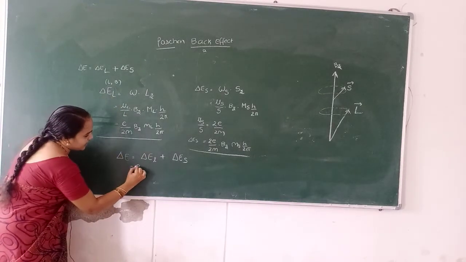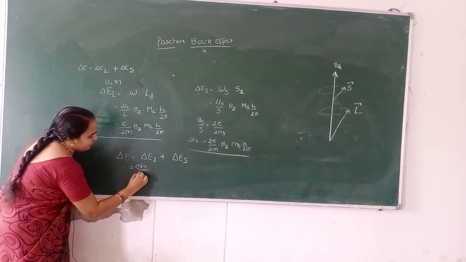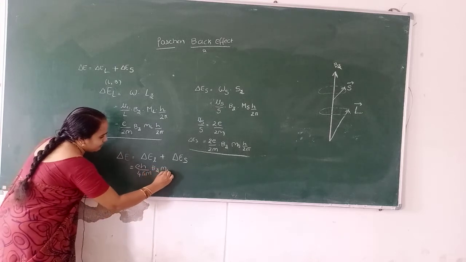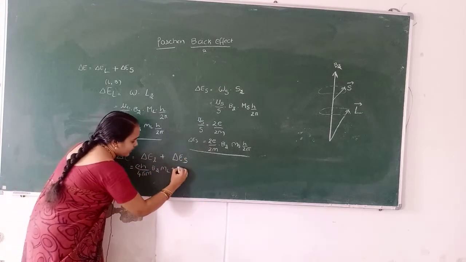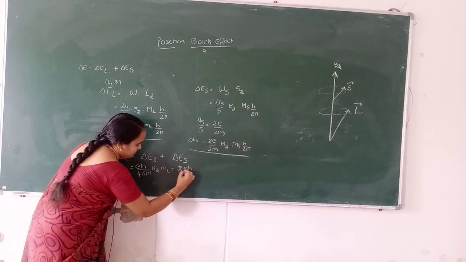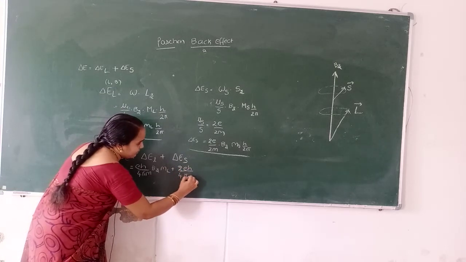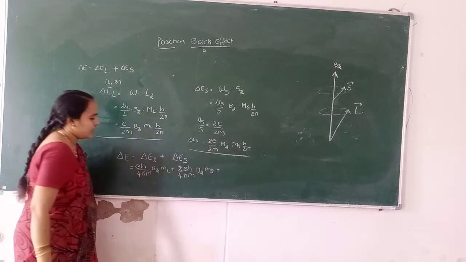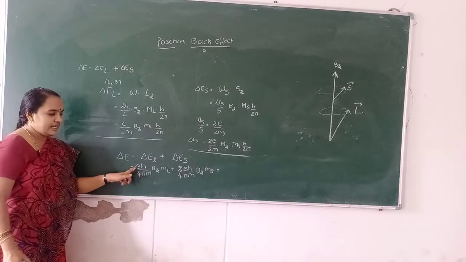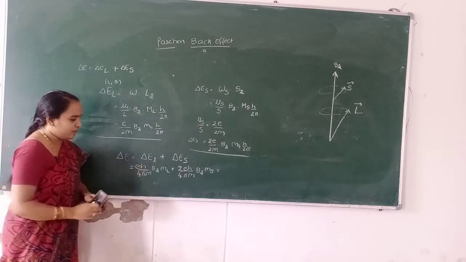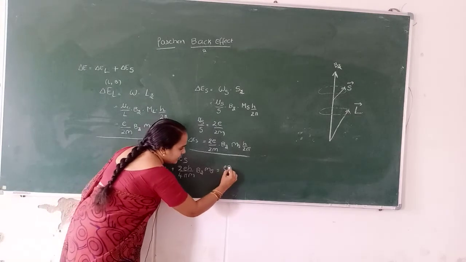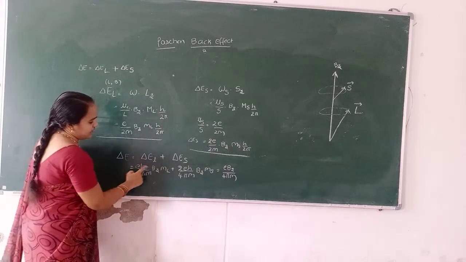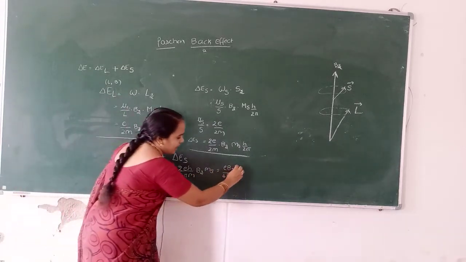It is e h by 4 pi m multiplied by Bz into ml, plus 2 e h by 4 pi m Bz into ms. Here the common terms are e Bz by 4 pi m multiplied by h.